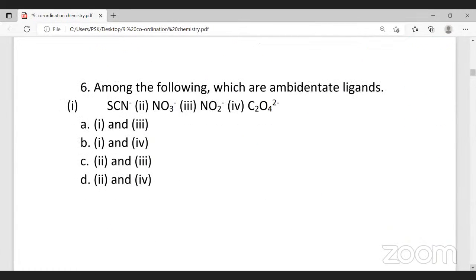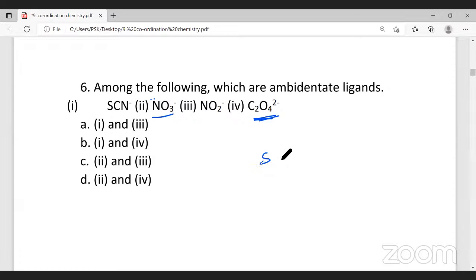Yes, sir. Good. The next one: among the following, which are ambidentate? SCN minus, NO3 minus, NO2 minus, and C2O4 2 minus. Oxalato is not ambidentate because only oxygen is a donor atom. Here, in NO3 minus, only oxygen is a donor atom. Therefore, this is also not ambidentate.